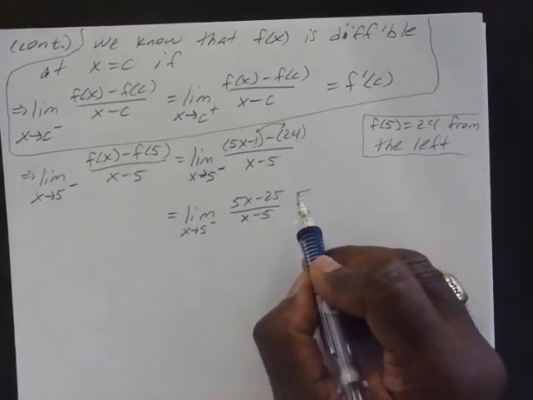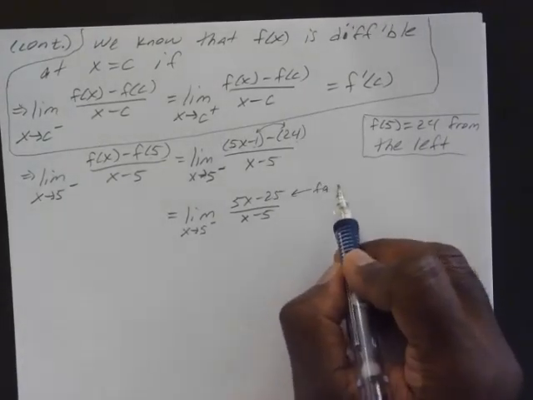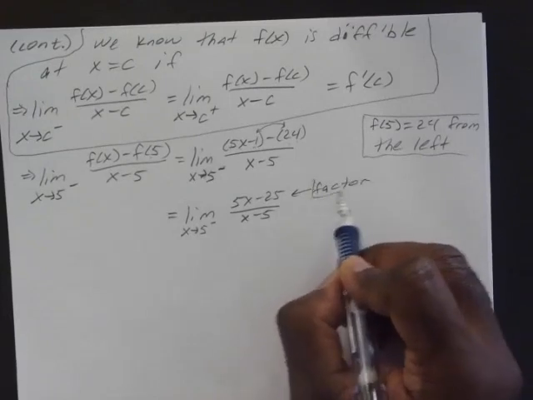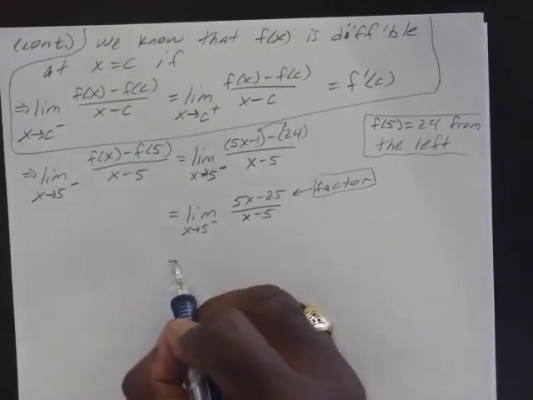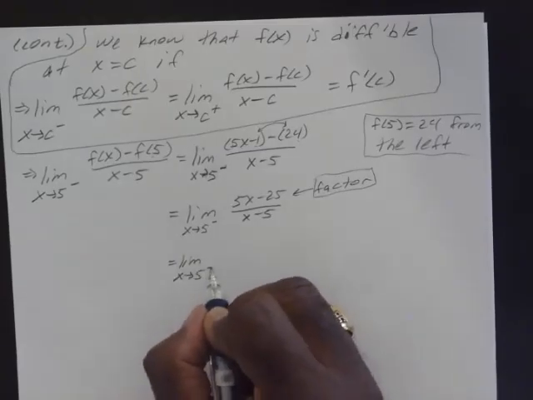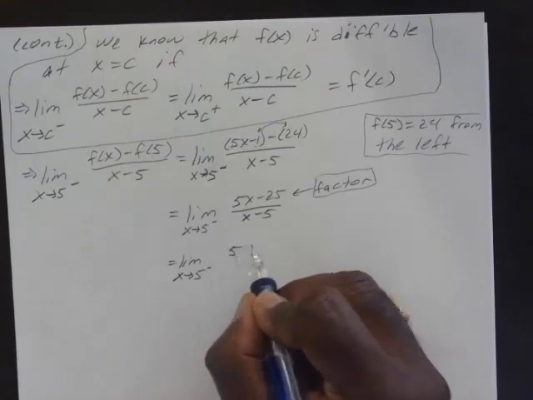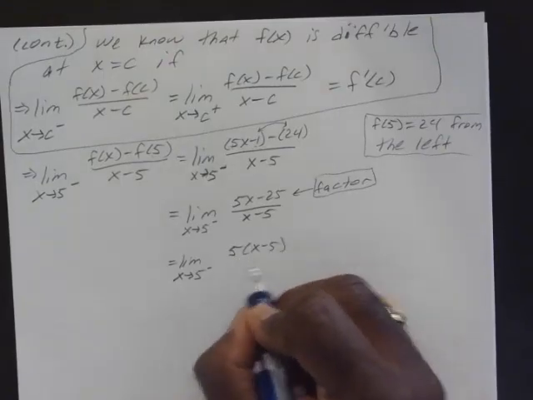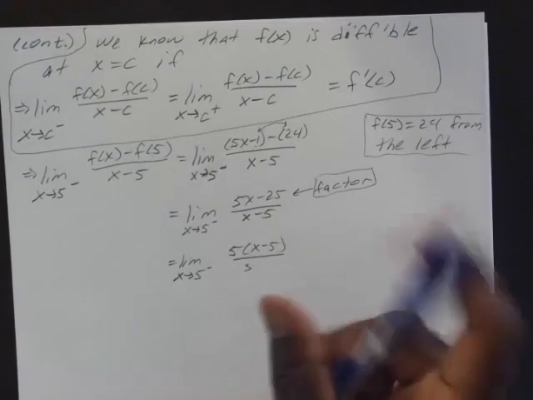We can factor the numerator, which gives us 5 times x minus 5 all over x minus 5.